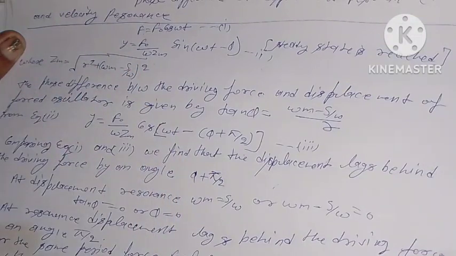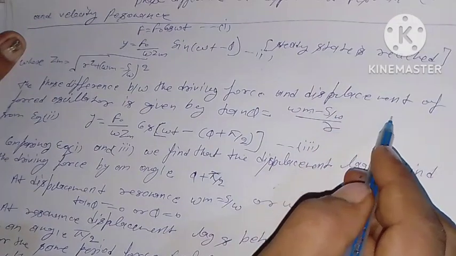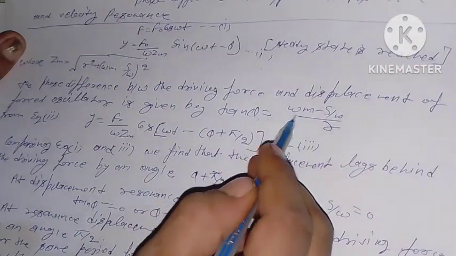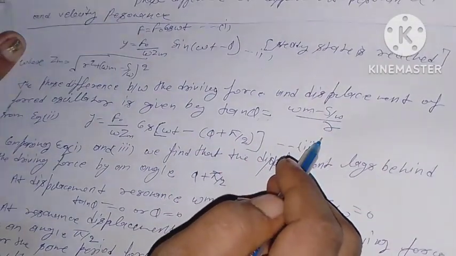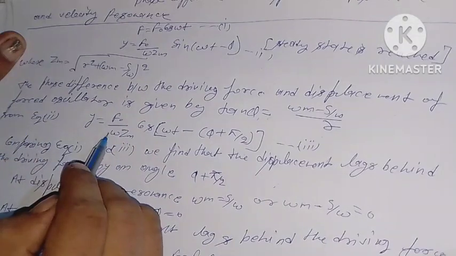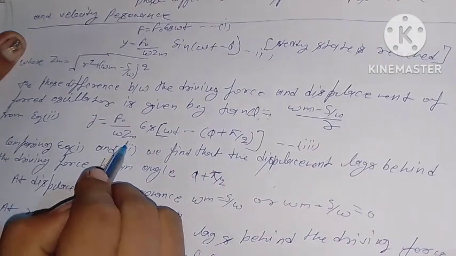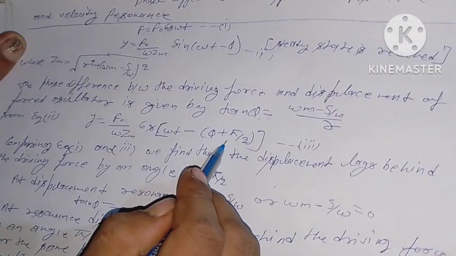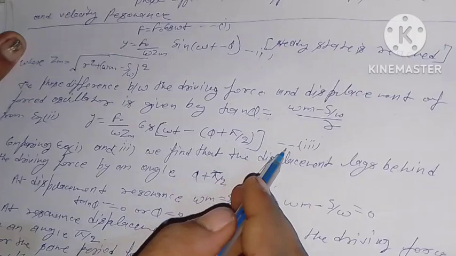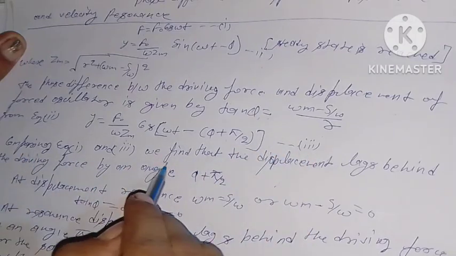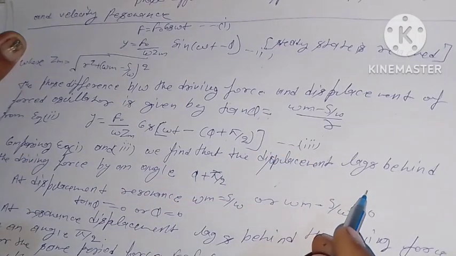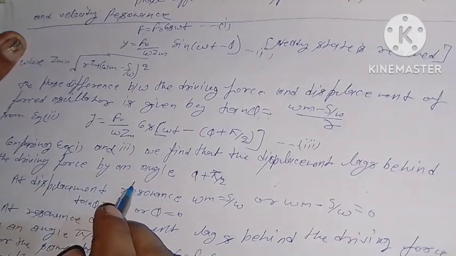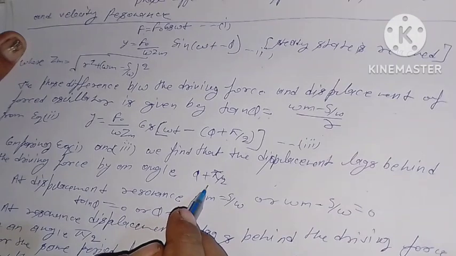The phase difference between the driving force and displacement of forced oscillator is given by tan phi equal to omega m minus s by omega by r. From equation number second, y equal to F naught by omega Zm cos omega t minus phi plus pi by 2. Equation number third. Comparing first and third, we find the displacement lags behind the driving force by an angle phi plus pi by 2.